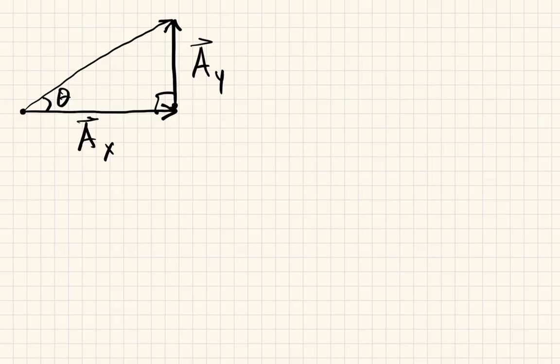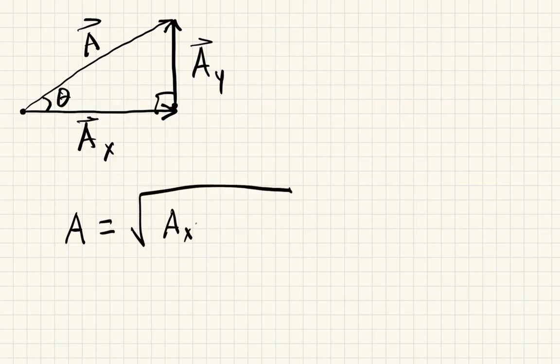So in this case, let's just call that vector a. And so if we wanted to find the magnitude of vector a, we would just have to do the square root of the magnitude of vector a's x component squared plus the magnitude of the y component squared. And you would get the magnitude of vector a.